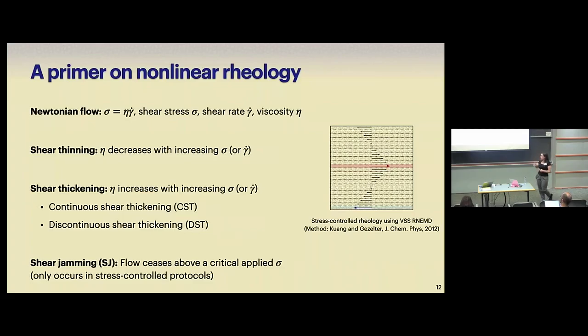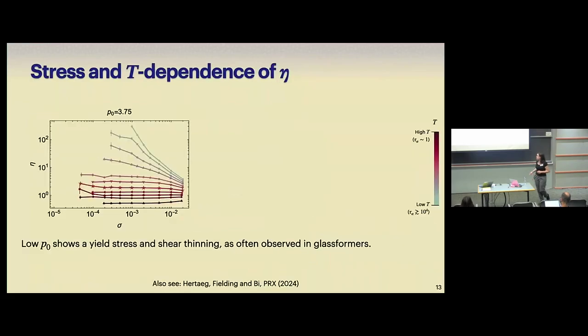In this stress control protocol, you can also get another regime where, if you put the system under enough stress, it will stop flowing and jam. This is called shear jamming. And, spoiler alert, we see all of these different things in this model.